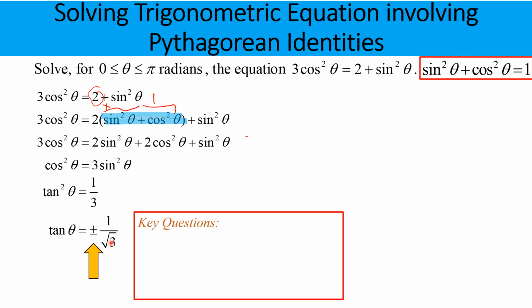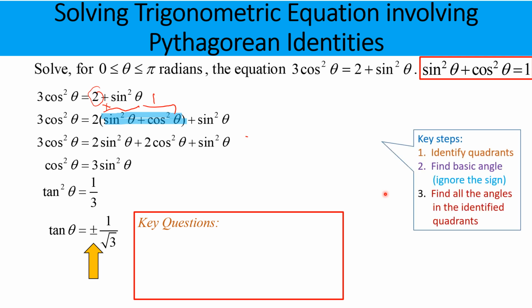Now that we have this, we will need to consider some key questions. These are some good habits that you should build whenever you solve trigo equations. But before we move on to the key questions, let's recall the key steps which I covered in my previous lesson. The first step is to identify the quadrants.